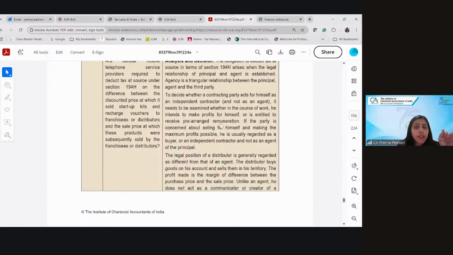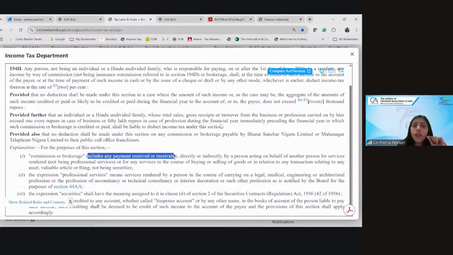So here, when we talk about 194H, 194H gets attracted where the person is acting as an agent. If you look at the definition of 194H, it says payment received directly or indirectly by a person acting on behalf of another person.